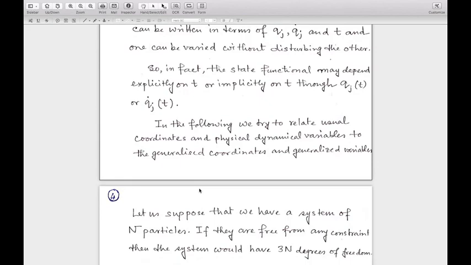In Newtonian mechanics they are not functions of velocities but functions of positions, and they are also not explicit functions of time. Now, we all know that position changes with time, right? But that dependence is not accounted for when we talk about the dependence of the potential on the position.